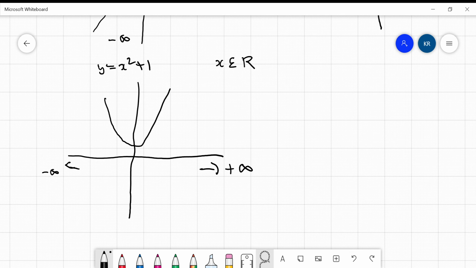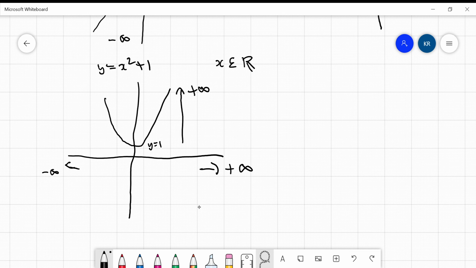But then could we say that about the range? So if we see here, the range goes all the way to positive infinity, but it doesn't go below a certain point, and that is at y equals 1.